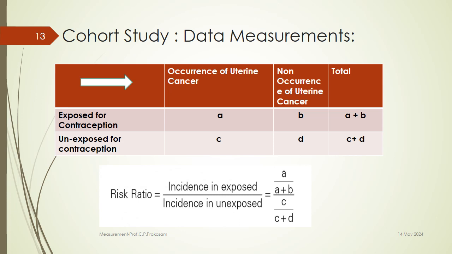Then we follow them over a period and find out the occurrence of uterine cancer. Therefore, here you are selecting the cause and identifying the cases among the persons who have the cause and do not have the cause. If you look at this 2 by 2 contingency table, you will find the exposure to contraception.